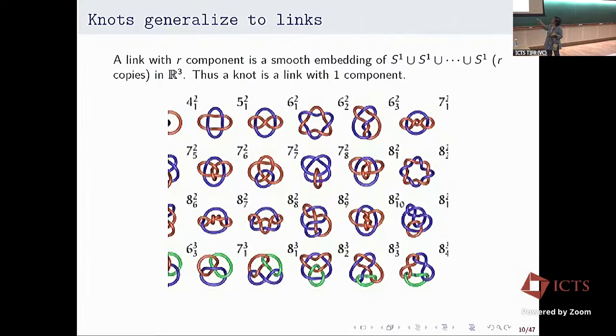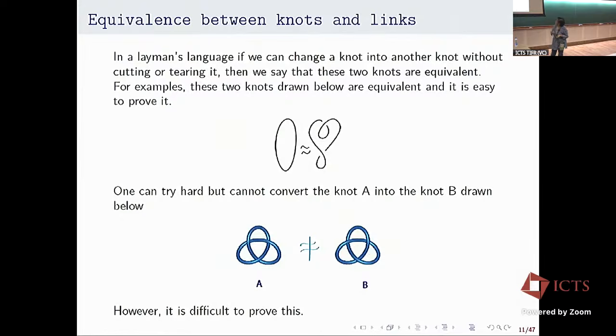So one could study links, and then try defining what we mean by two knots or links being equivalent. In mathematics, everywhere when you define a structure, there is an equivalence. When you study sets, you would consider two sets to be the same if there is a bijection.